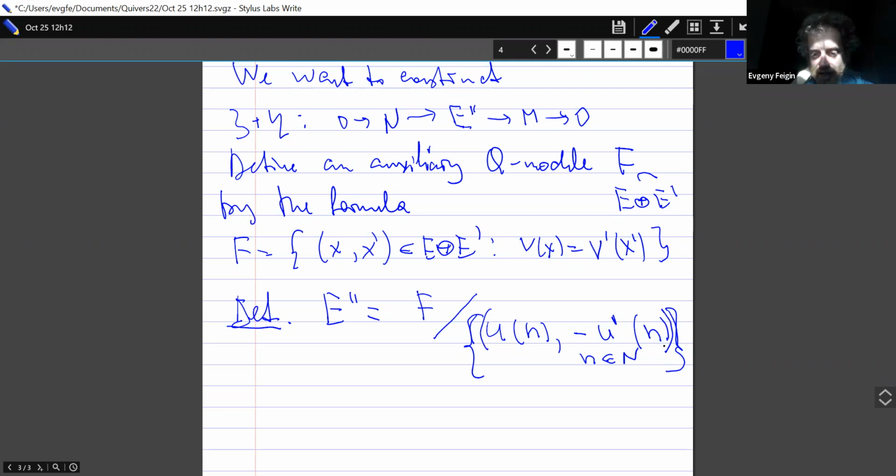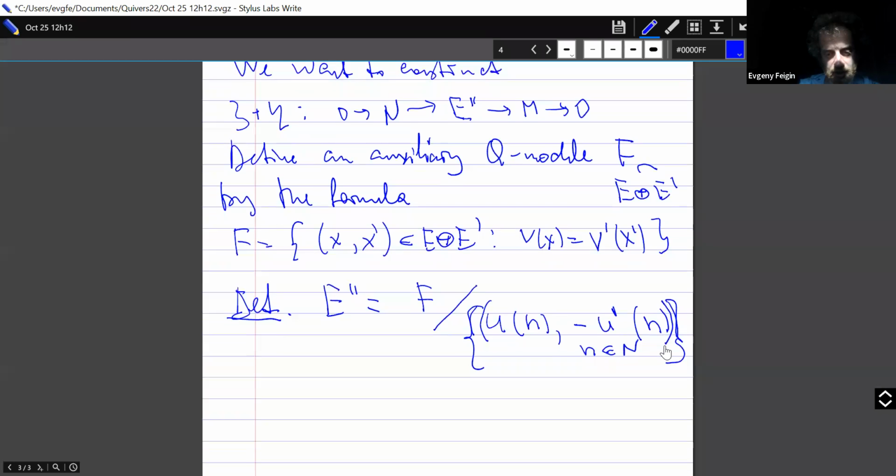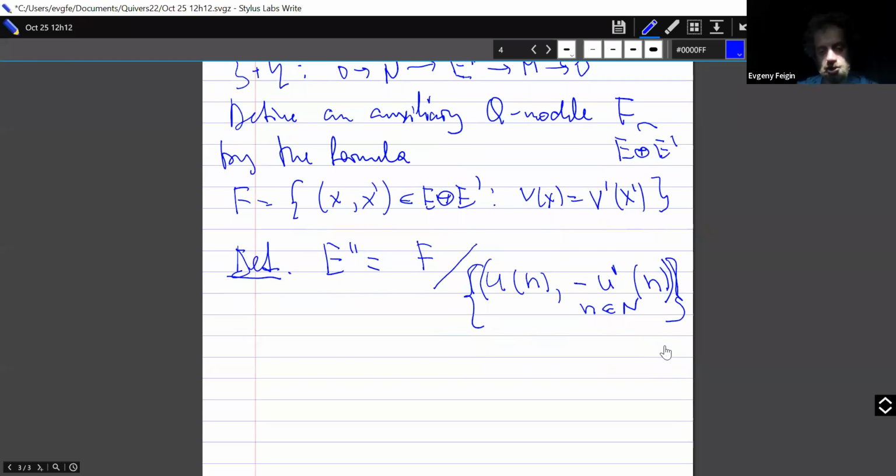And if you apply V prime to u prime of n, you still get 0. So therefore, these pairs do belong to F. So it's okay. This is the definition of our space.